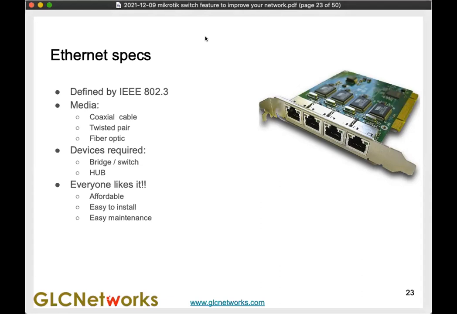I remember when I learned networking for the first time, we used Ethernet based on coaxial cable. It was a very, very fragile network. If somebody tripped on the cables, the whole network was down. So we were using a bus topology.